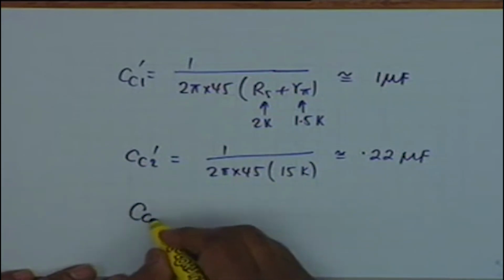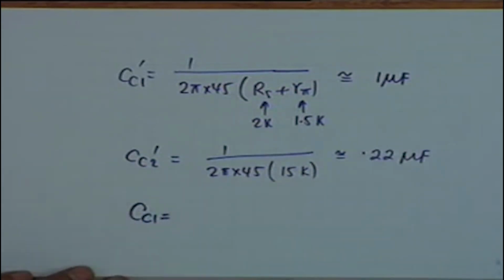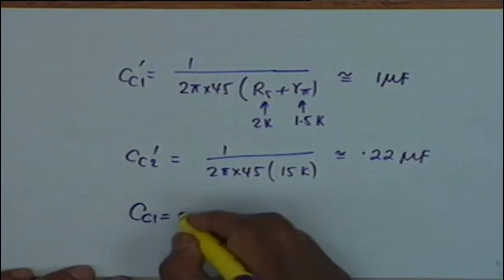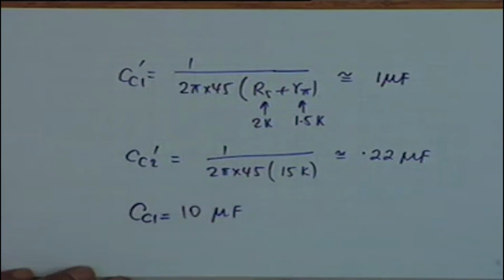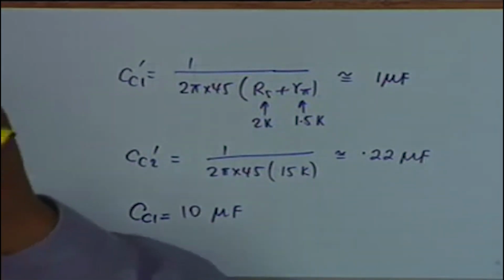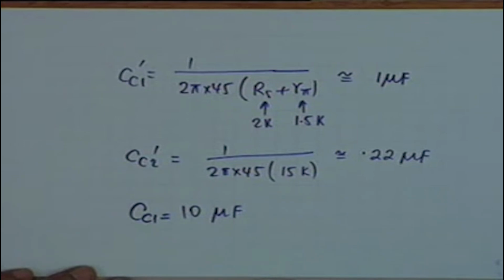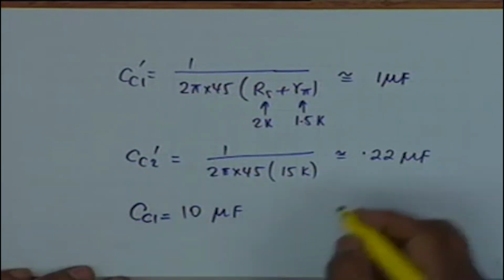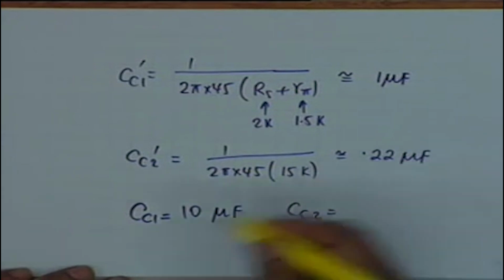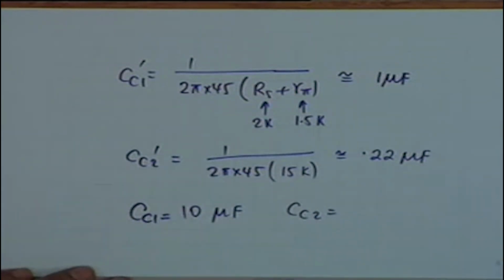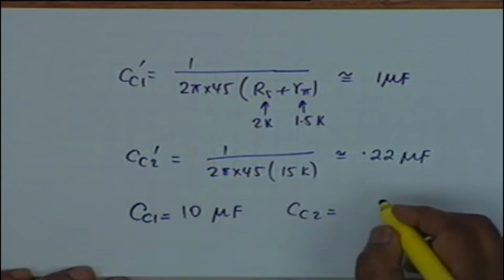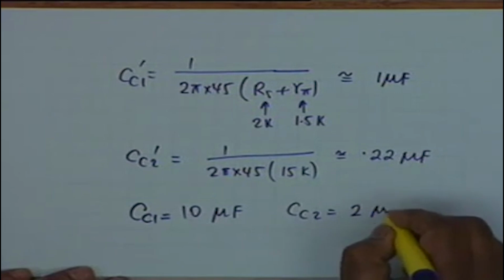So in this circuit what you use is 5 times this, 5 microfarad, you don't get 5, you get 4.7, or 6.8, or use 10 microfarad, why not, even that is available, incremental cost maybe a rupee more, which is worth it. And CC2 you shall use at least 5 times this, well 1 microfarad is a good figure, or slightly higher, 2 microfarad is also available, well, use 2 microfarad.